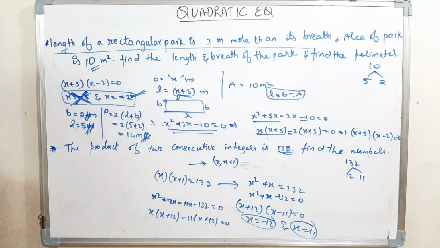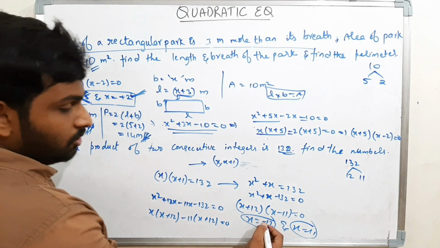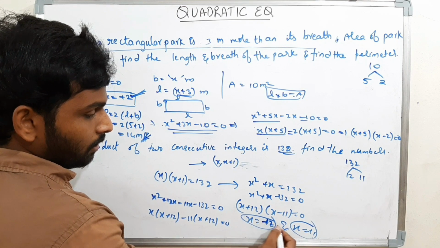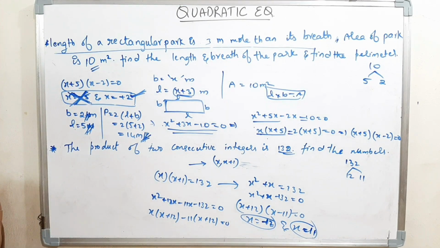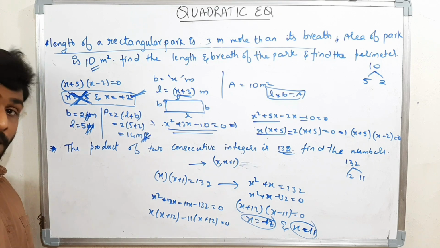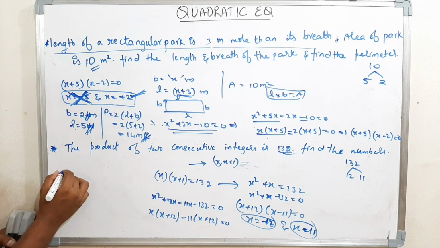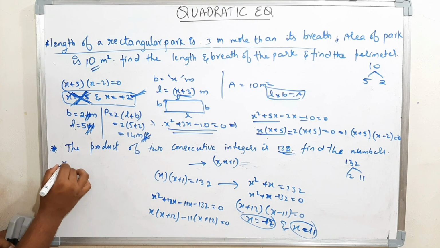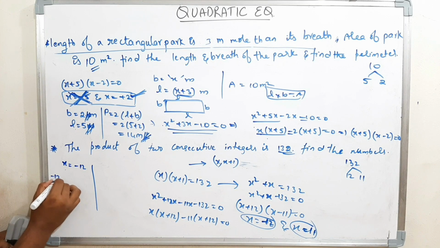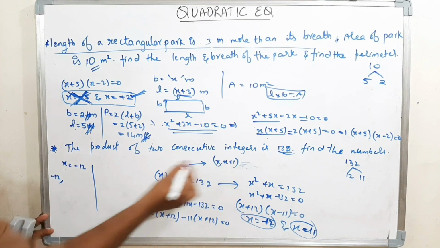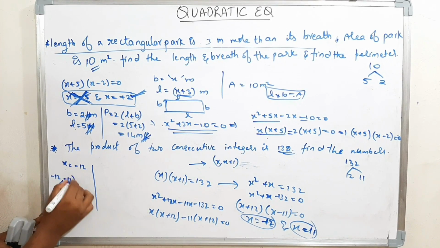Now which one do I have to take? x is equal to minus 12 and x is equal to 11. Which one do I have to take? I can take anything. What are the two consecutive numbers? If I take x as minus 12, then the consecutive numbers are minus 12 and x plus 1, that is minus 12 plus 1, which is minus 11.